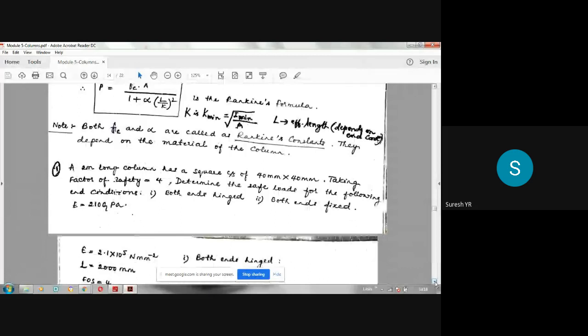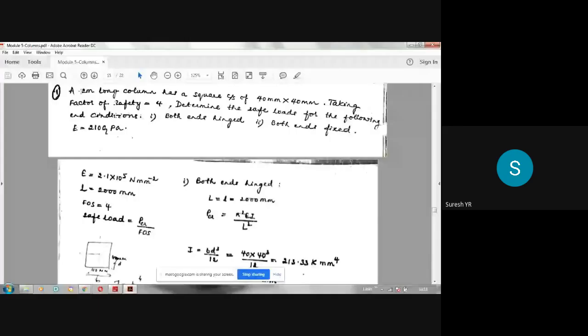Problem one. A 2 meter long column has a square cross section of 40 mm by 40 mm. So it's a square column. Whatever length is given, you have to take it as the actual length, small l, not capital L. Here 40 mm by 40 mm is the size of the column, so area becomes 40 into 40, 1600 millimeter square, capital A. Taking factor of safety equal to 4, determine the safe load.